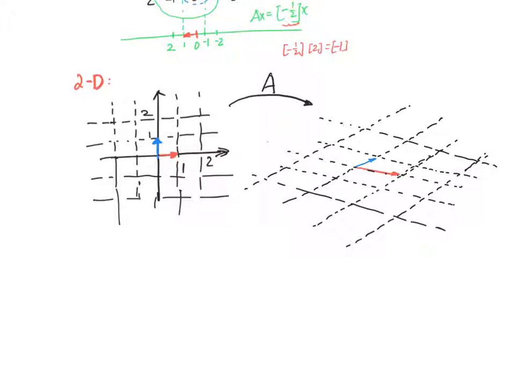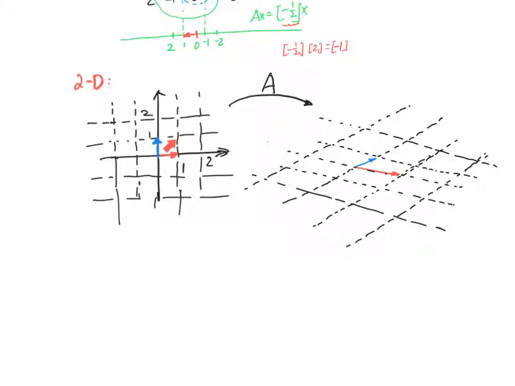And then also this transformation changes this 1, 0 vector into a vector like that. So it's kind of like stretching and then pointing down. That's what this effect is. So after the transformation, the whole plane will look like this.